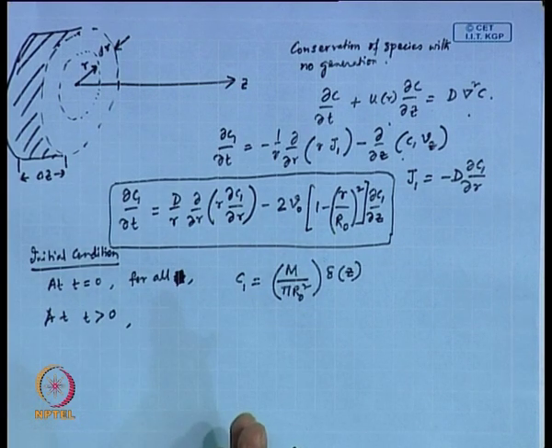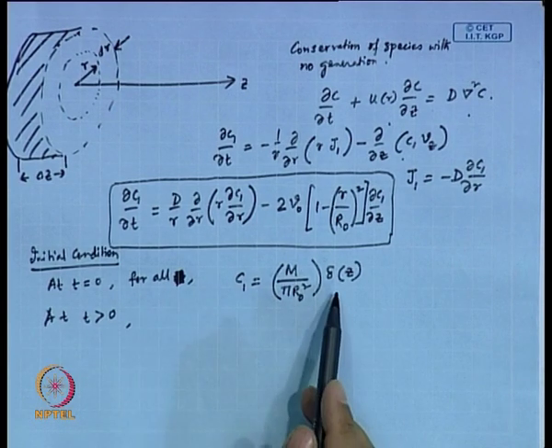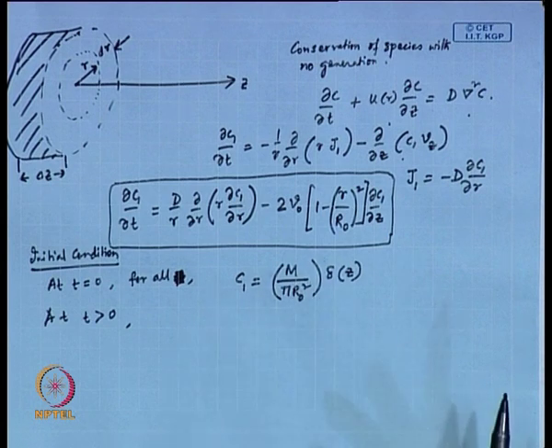So, for all z, whether you write it or do not write it, it does not matter, because delta z exists only at z equal to 0 and elsewhere it is all 0.